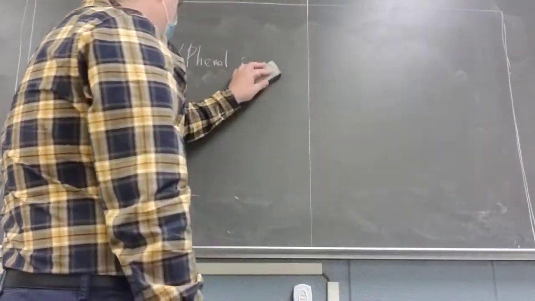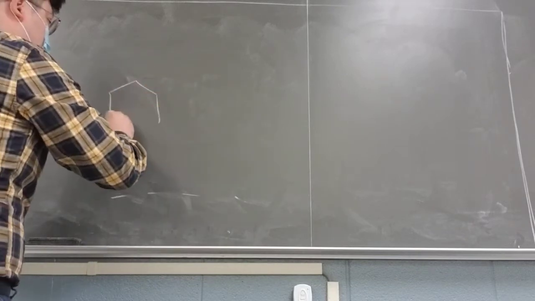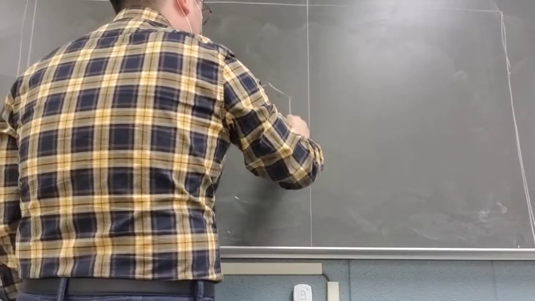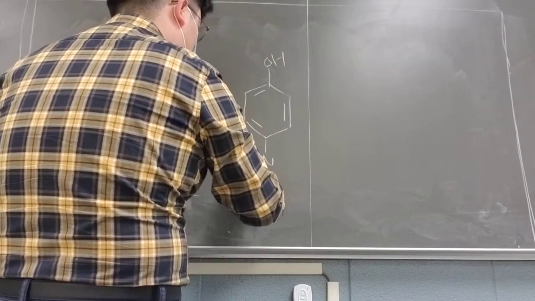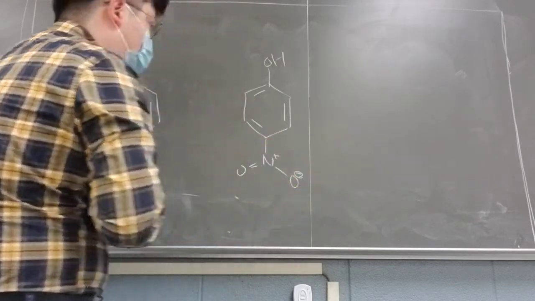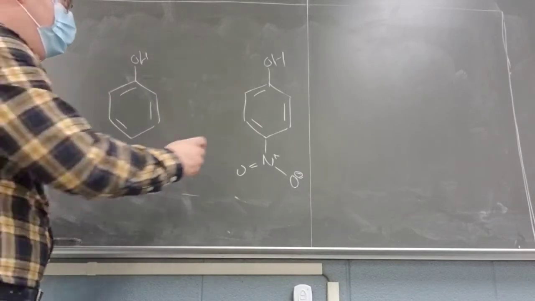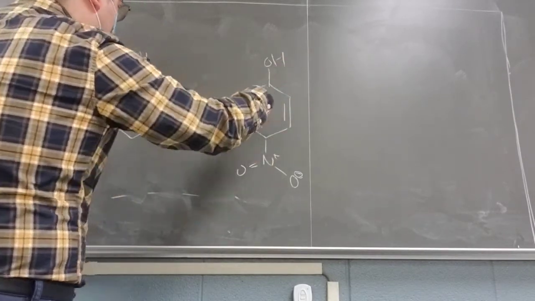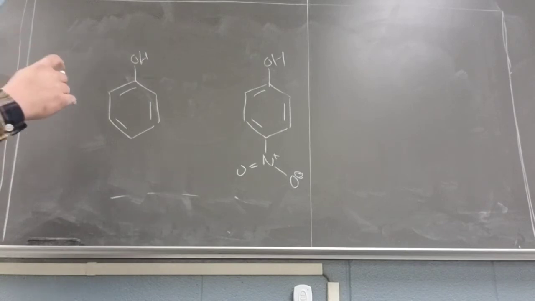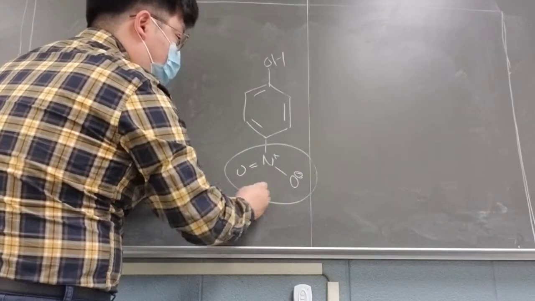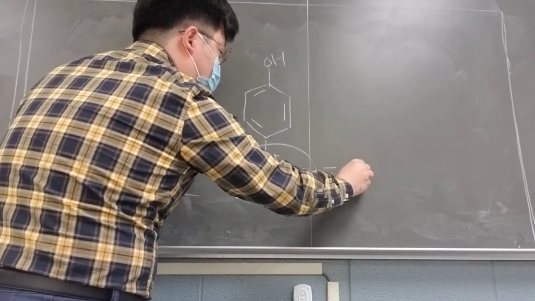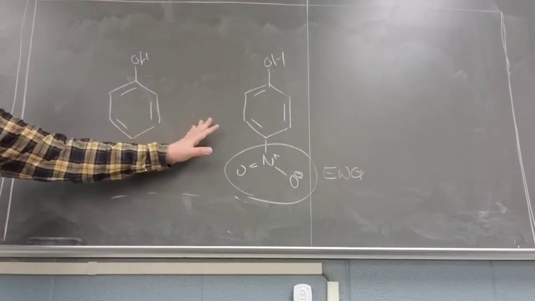For example, if you have this one, with a nitro group on this phenol ring, in this case you can assume that the acidity of the one with the nitro group, which is an electron withdrawing group, will become stronger than the other.